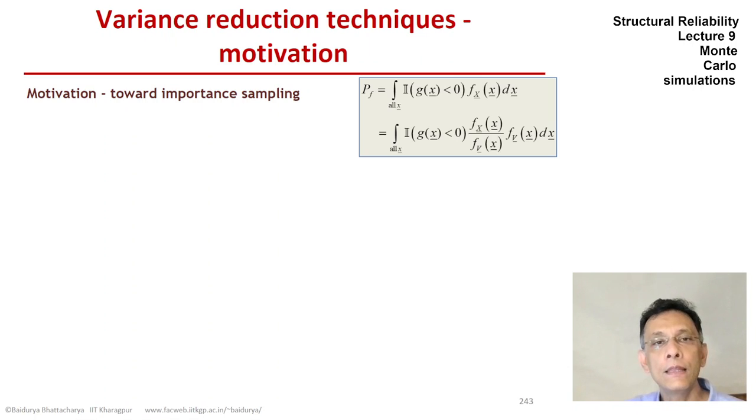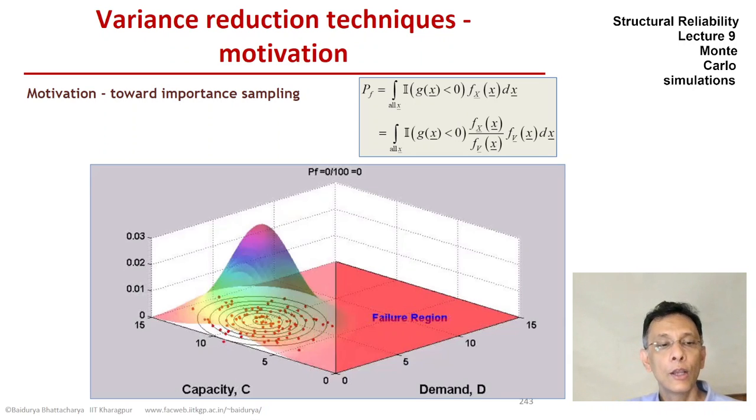This would be the mathematical description of what we are trying to do. We no longer sample from X, but we introduce a bias and we sample from V. Graphically speaking, we are bringing the sampling distribution closer to the failure region. So we are now counting many more points towards failure. Obviously, that's a biased situation, so we need to correct that bias in some manner.